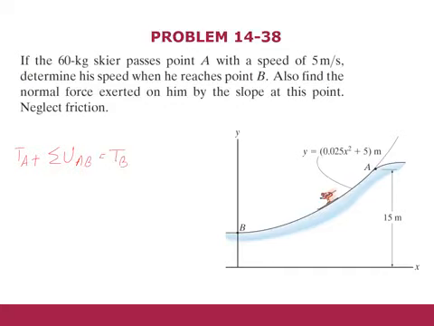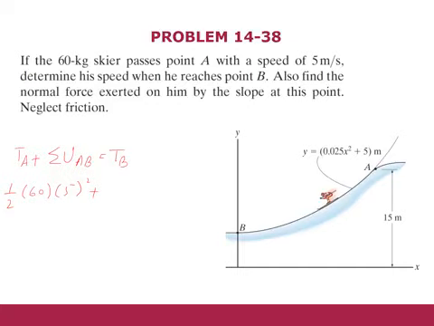We have an initial speed, so we have initial kinetic energy: half the mass of this skier, 60 kg, times the velocity, which is 5, plus the work done by the forces on the skier.